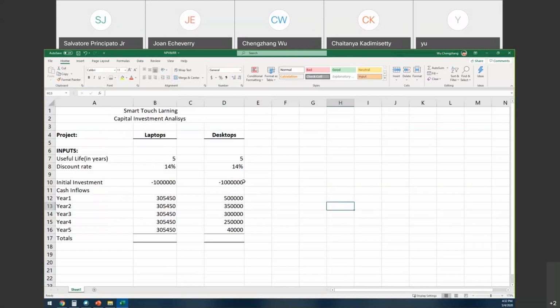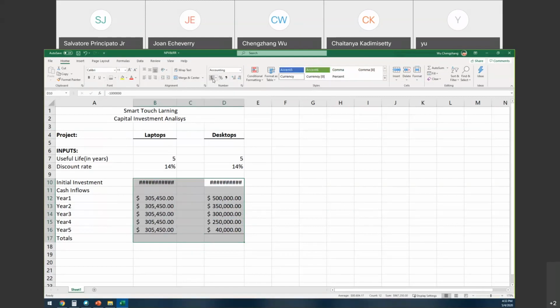Now the display in this area is regular numbers. But to make it look more professional, we need to make them accounting numbers. We click here, accounting number format, to format this area as dollar amounts.